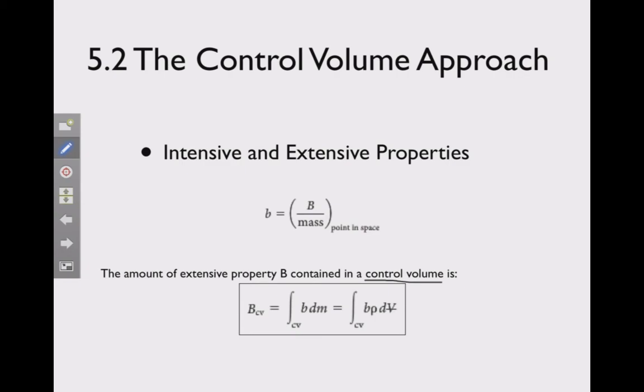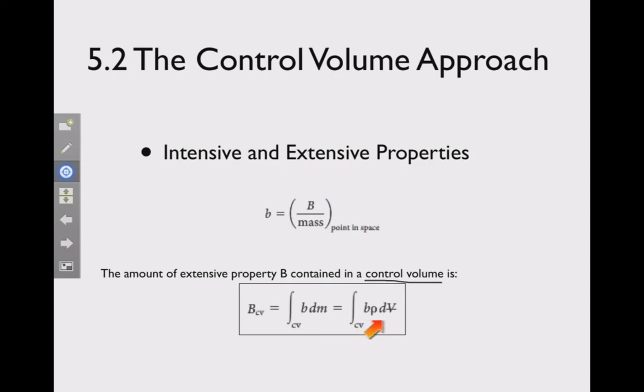We're going to need to track that in the Reynolds transport theorem. So since little b is B over m, we can just integrate little b over m, and that will give us the amount of our quantity that's in our control volume. And we can break out dm into rho dV.